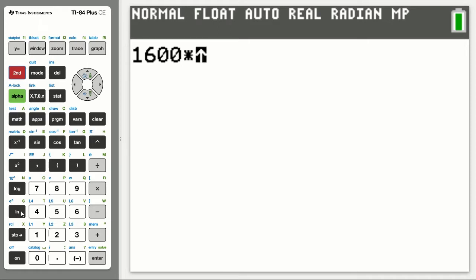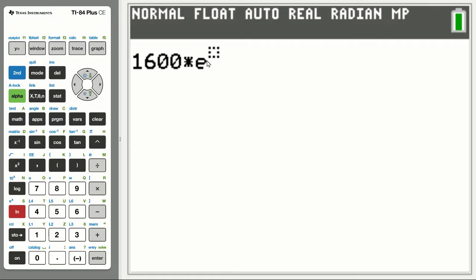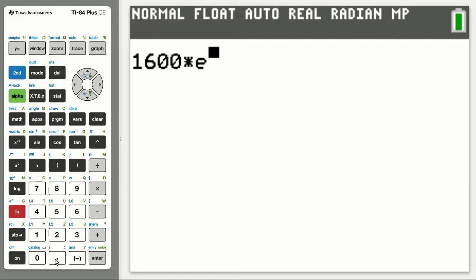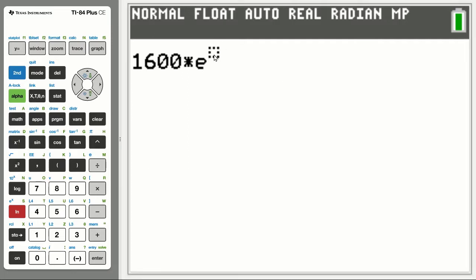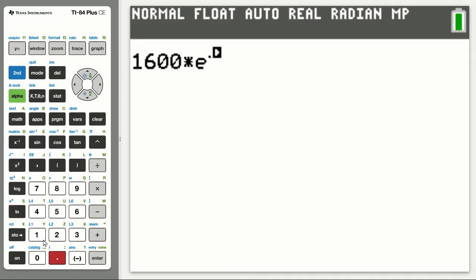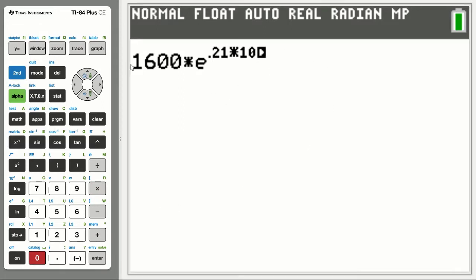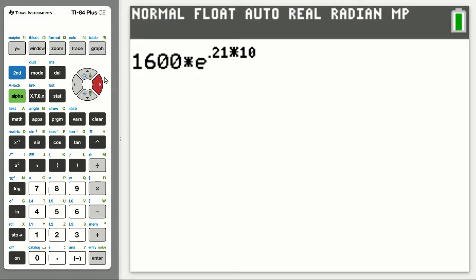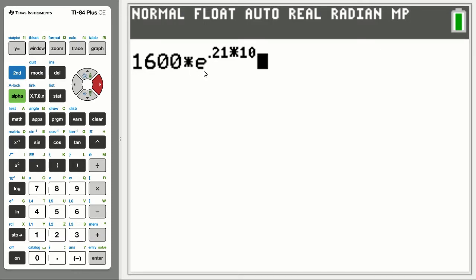So second ln brings in e to the x. Now in the power of the e function, 0.21 times 10, and we are ready to hit enter to get the final evaluated answer. So 1600 times e raised to the power of 0.21 times 10.